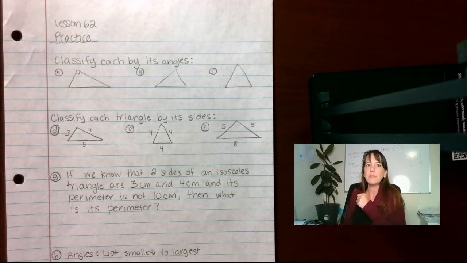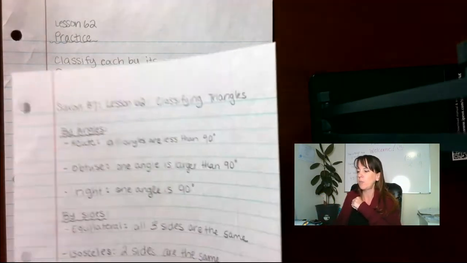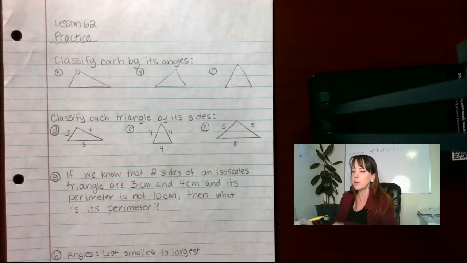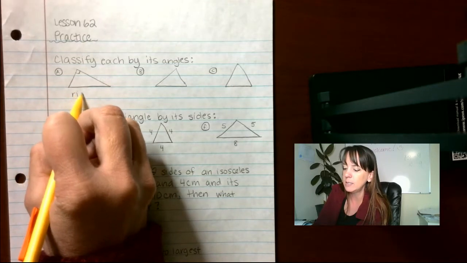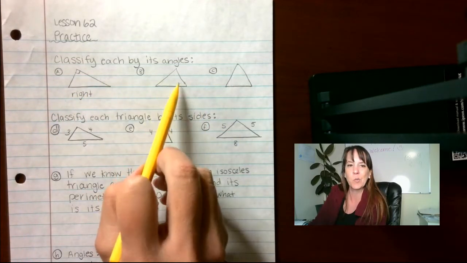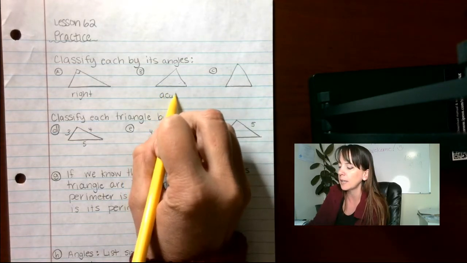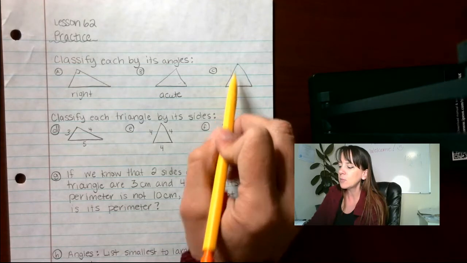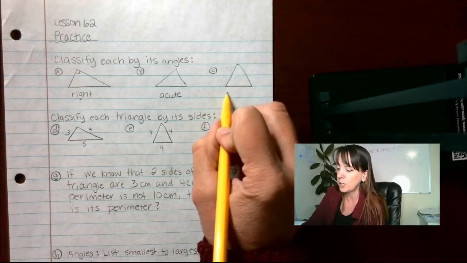All right, so classify each by its angles. Just a reminder, you should have your notes in front of you. So this one is going to be a right triangle, because it's got a right angle there. This one, it's kind of hard. I drew it a little wonky, but all of them were smaller than 90 degrees, which means it's an acute triangle. This one, they all appear to be the same, so that one is just an acute triangle as well.